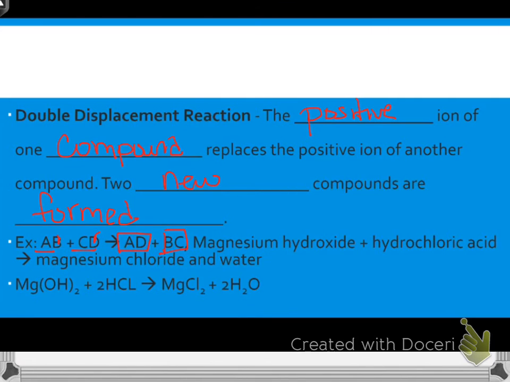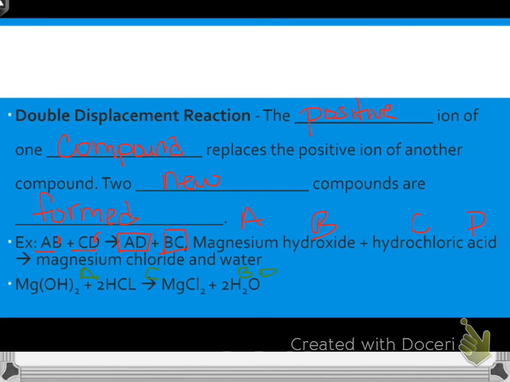An example would be magnesium hydroxide plus hydrochloric acid. The magnesium hydroxide, that's your AB, and this is your CD. And when we had our chemical reaction, we got, let me get a different color out here, magnesium is your A, chloride was your C, and then this is BD.